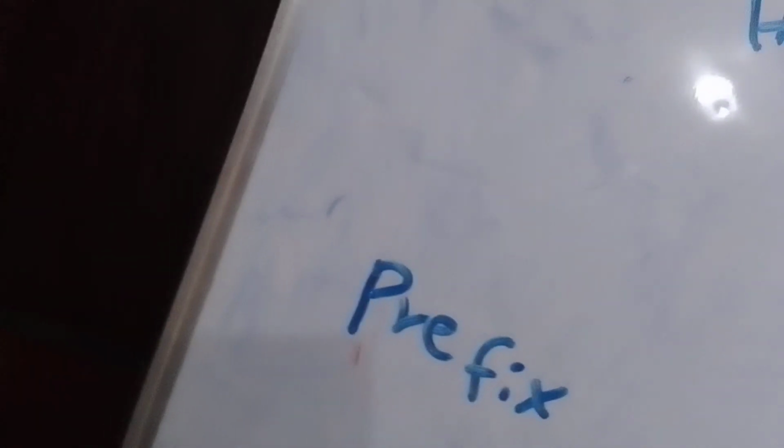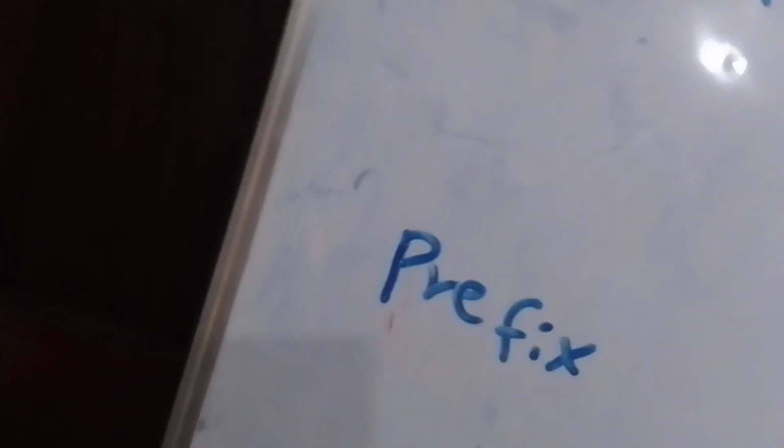Now, the last one is the prefix. What do we actually mean by prefix? The prefix name is the name of the substituent on the longest carbon chain, which is not a functional group.